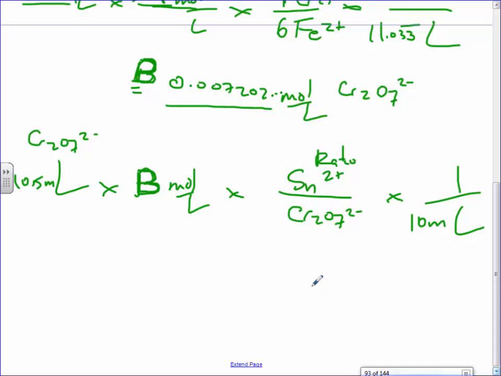I don't even need you to write out the whole equation. Just know what the electron ratio is. One of them uses 6. One of them uses 2. What do you have to do to the one that uses 2? Times it by 3. So you have a 3 to 1 ratio. So 3 to 1, and now we're good to go. Just times the rest of this stuff. So times this by 10.5, times by 3 divided by 10. Final answer is 0.0227 with sig digs.